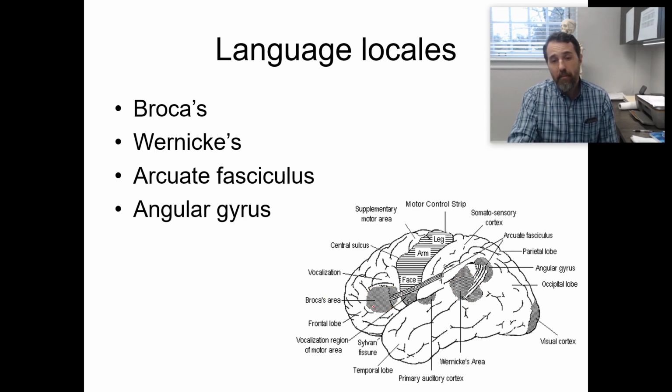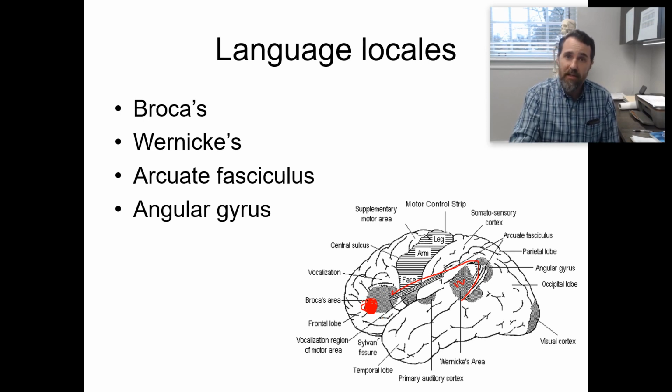So let's say someone has a stroke right here. Just clipping Broca's area, anterior to Broca's area, but leaving Wernicke's area intact, leaving the arcuate fasciculus running between Wernicke's area and Broca's area intact. What are the deficits going to be? Obviously, this guy is going to have trouble finding his words.